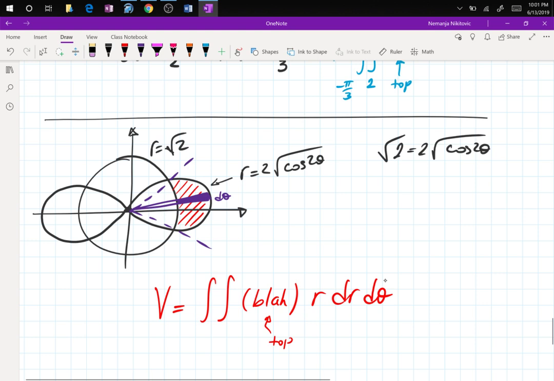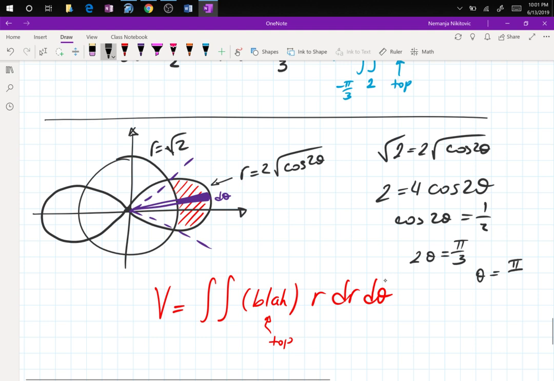Alright, so now when I square this, I get 2 is equal to 4 cosine 2 theta. Cosine 2 theta is equal to 1/2. And that happens when 2 theta is equal to... So cosine is 1/2 when the angle is pi over 3. So theta is pi over 6. And we see there is 1 below, 1 above.